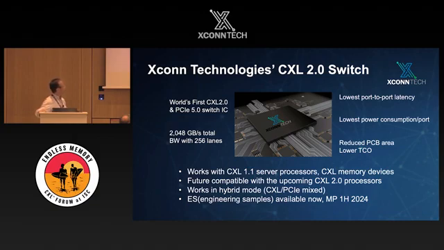Today we have our silicon, not only the first silicon A0, we already have our A1 silicon in our lab. The chip works today with Intel and AMD processors, which are CXL 1.1 at this point. Of course, these two companies didn't stop here; they continue to develop next generation processors. We also work with a number of CXL memory controllers and memory devices to make sure interop issues are resolved.